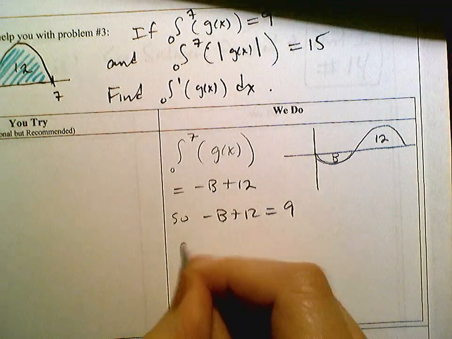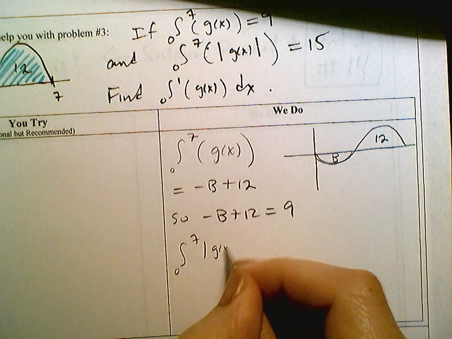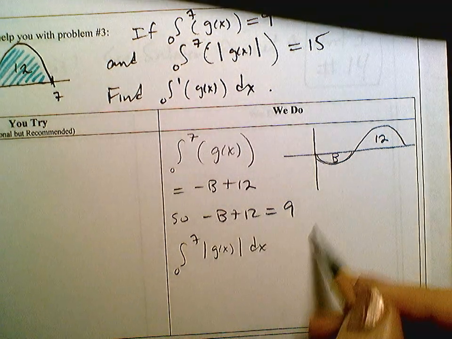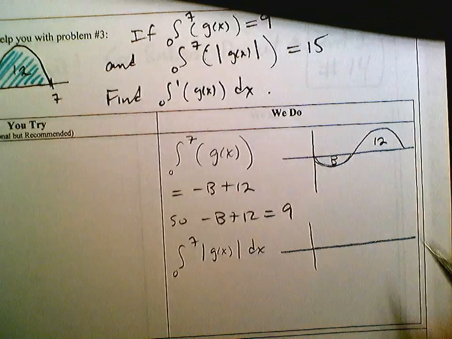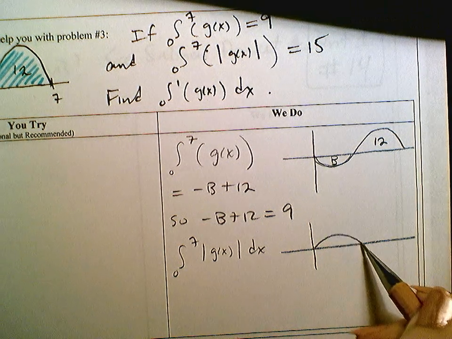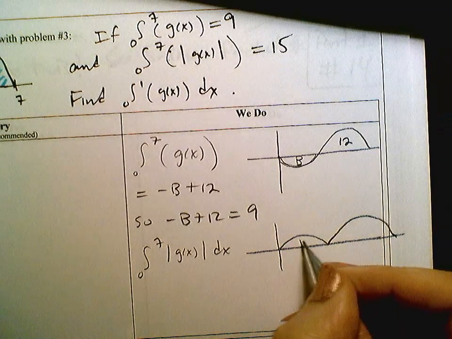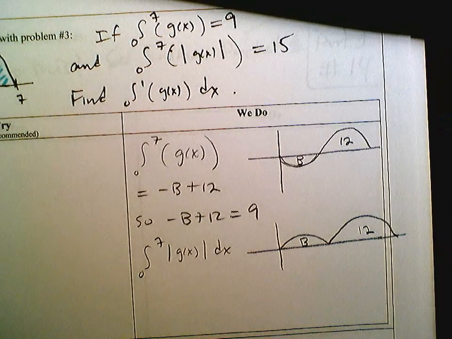Okay, so now I've got to do this one. From 0 to 7, the absolute value of g of x dx. And guys, to get an absolute value graph, you just reflect the negative parts over the x-axis, all right?